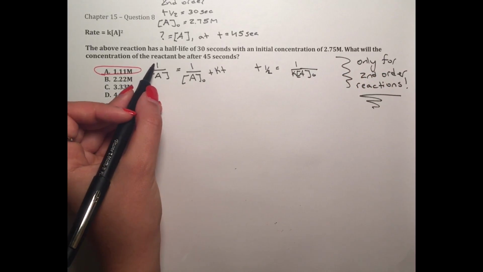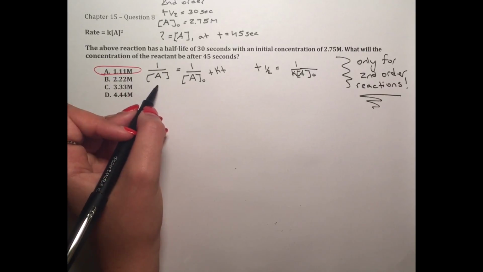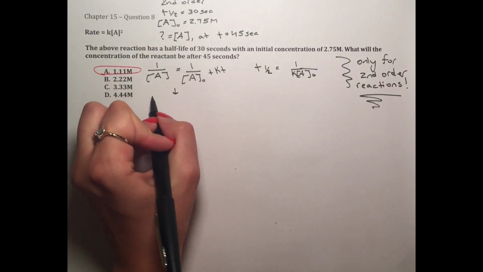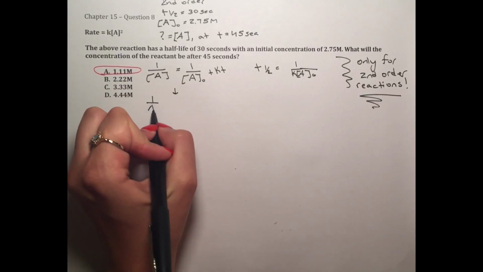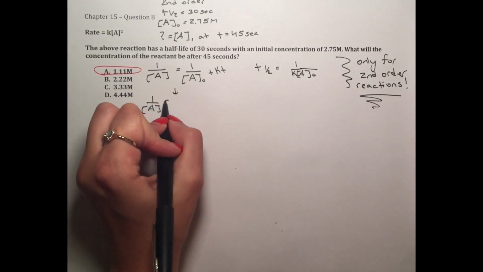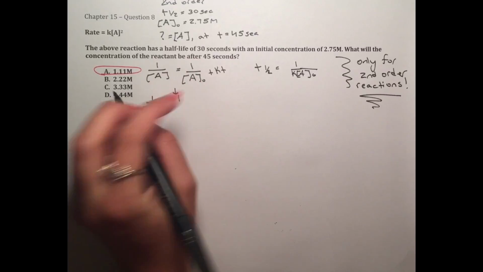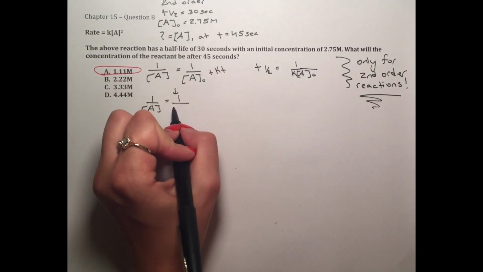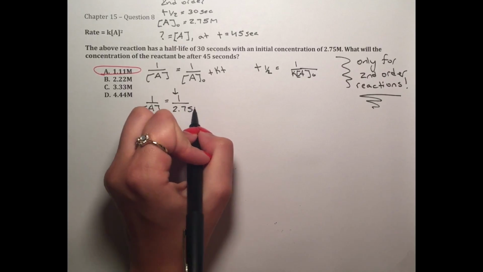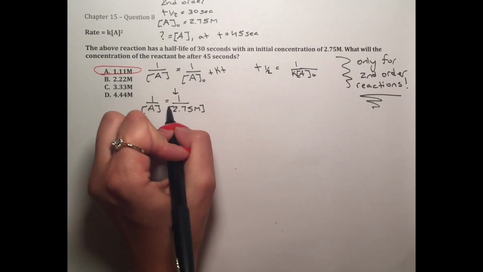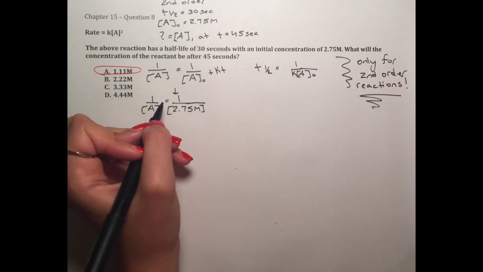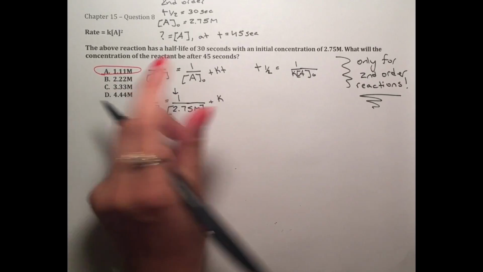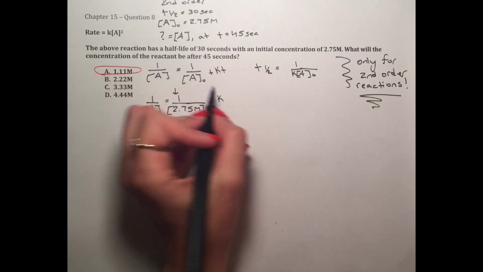So that being said, let's just plug in the information that we were given. Okay, so we have 1 over the concentration of A, which we don't know, is equal to 1 over A naught, which is 2.75 molar, plus K, which we don't know, and T, which is 45 seconds.